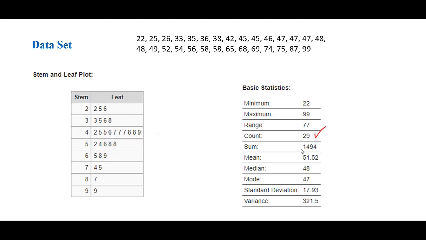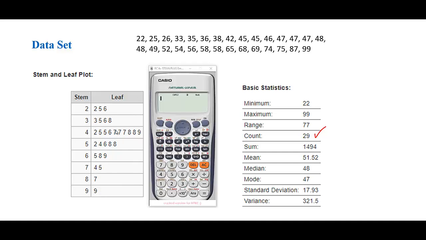This is how to find the sum. Remember, we will not use the original data set. We are doing all the calculations using this stem and leaf plot. Now just add them. The first number is 22, the second number is 25 and the third is 26. In a similar way, in the second row the numbers are 33, 35, 36 and 38.